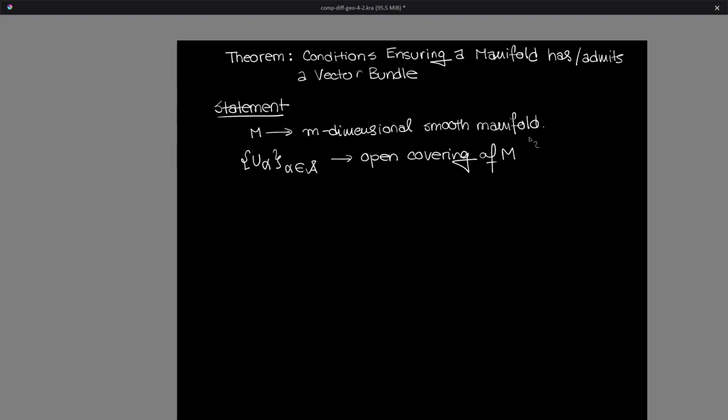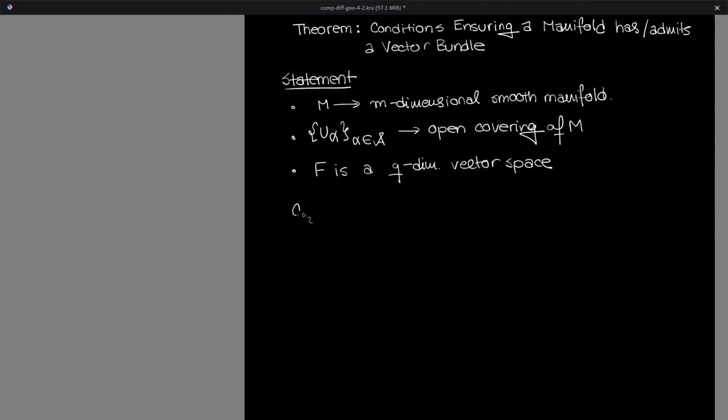But we can also take it from the chart. And lastly, third bullet point, F is a q-dimensional vector space. These are our ingredients.